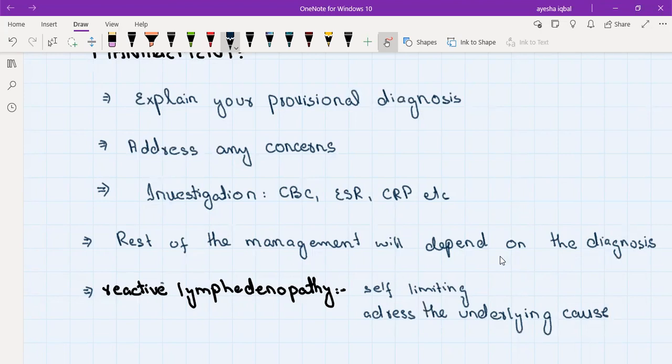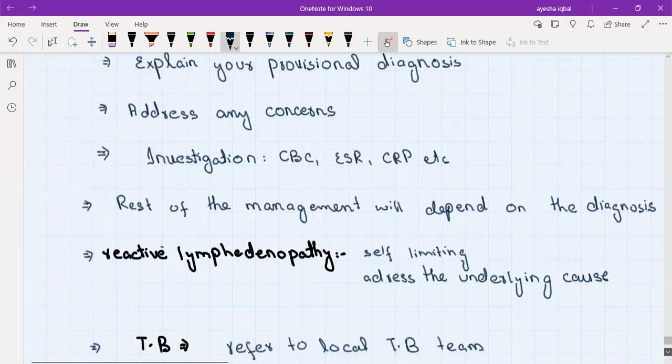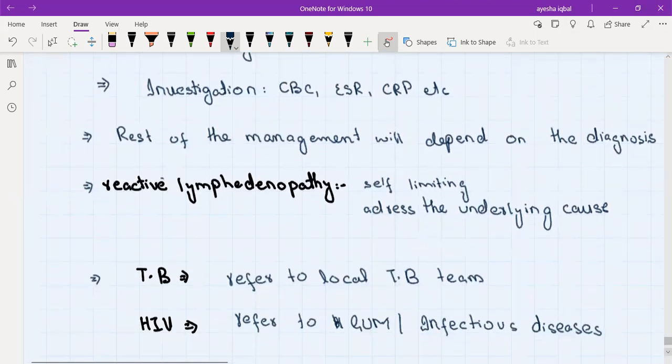If you think that it's a bacterial infection, a bacterial sore throat, then of course you are going to give antibiotics. So this is basically reactive lymphadenopathy. You don't need to refer the patient anywhere.